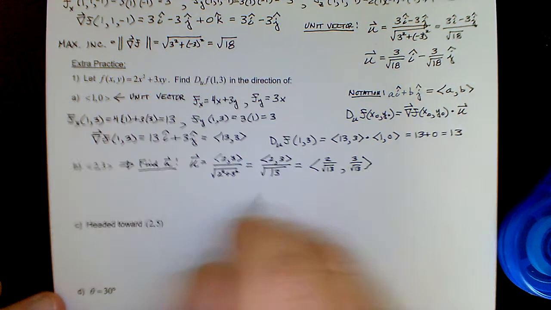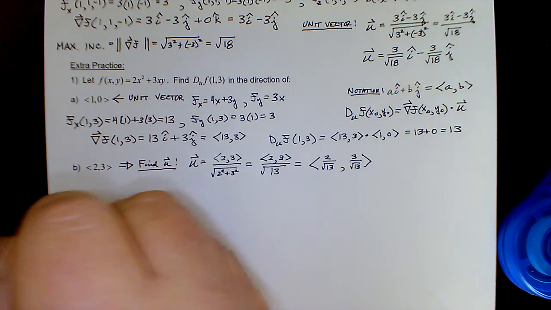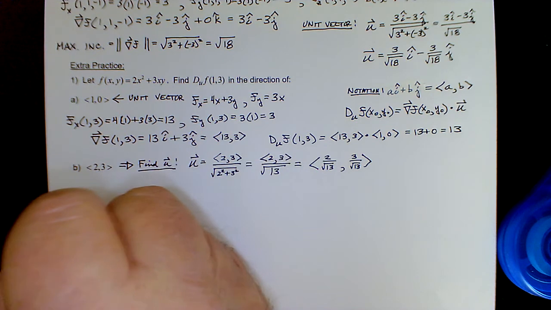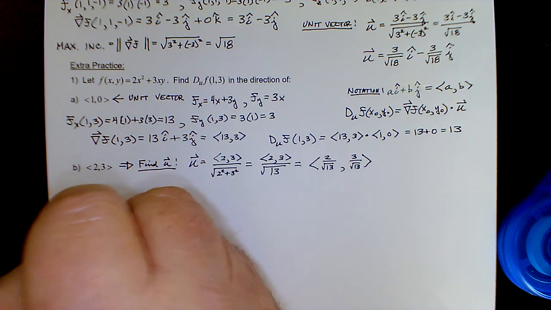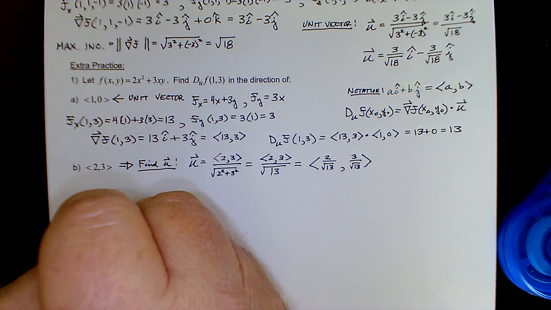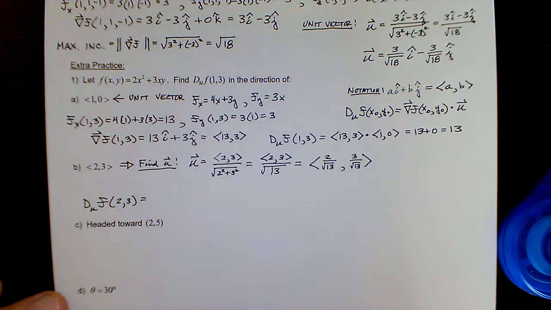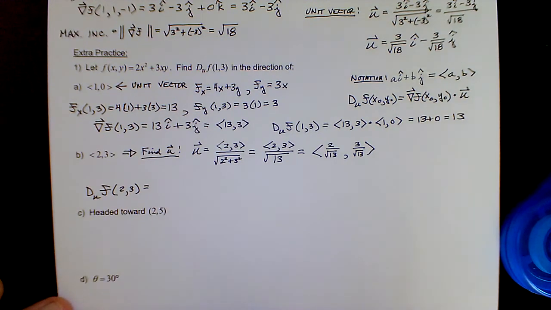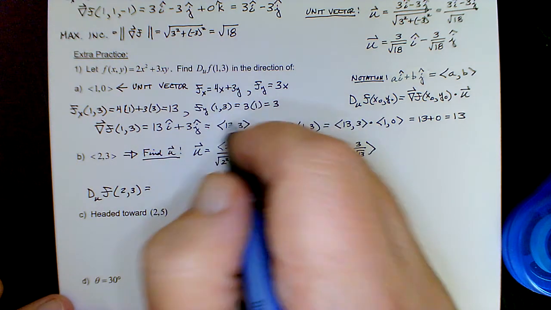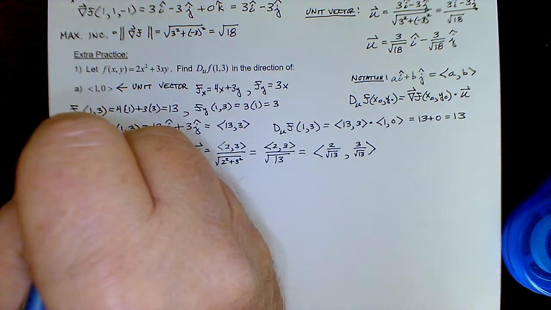So therefore, our directional derivative at the point (2, 3) is going to be given by the gradient. Okay, the gradient we had already found, that's up here, so that's why we didn't have to find it again. That was the gradient.